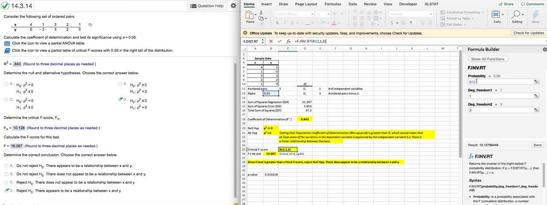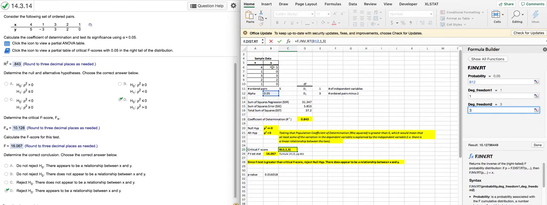Our probability for this function is just our alpha, 0.05, and our degrees of freedom go in here. 1 refers to d sub 1, since we are using the F distribution, which has 2 different types of degrees of freedom, as recalled from our ANOVA chapter. For regression tests, d sub 1 is the number of independent variables, in this case 1 for simple regression, and d sub 2 is the number of ordered pairs minus 2.